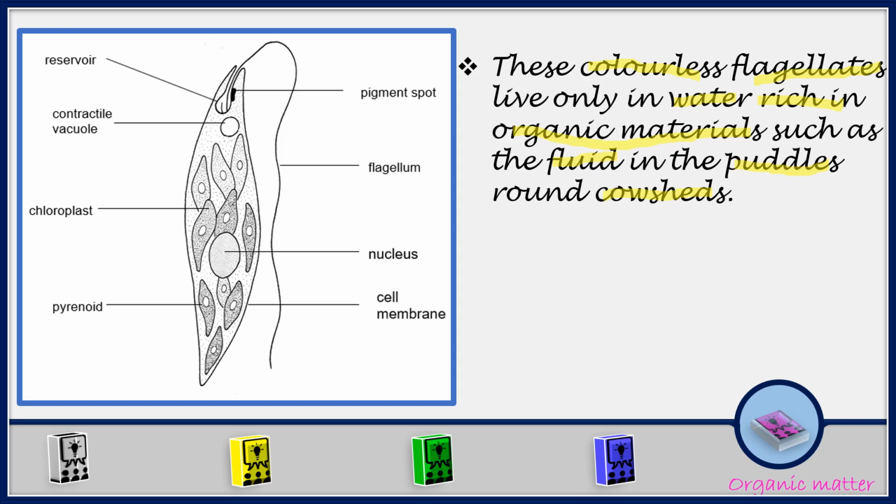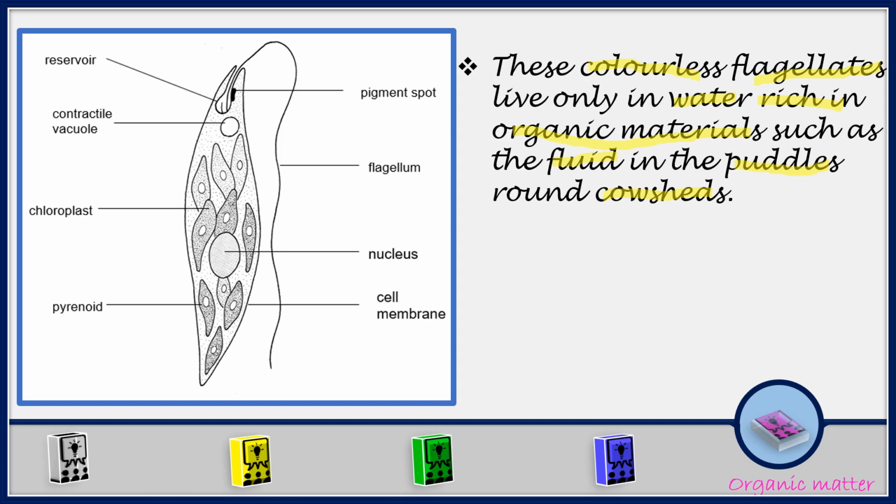So for those that are colorless, they live in water which has got rich organic material, which they are going to use as their food.